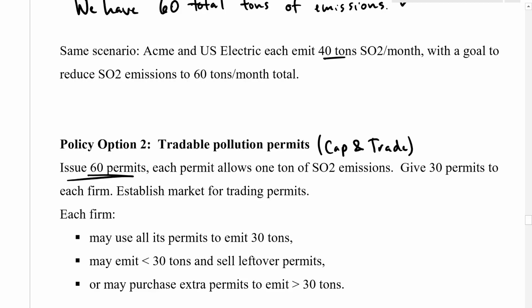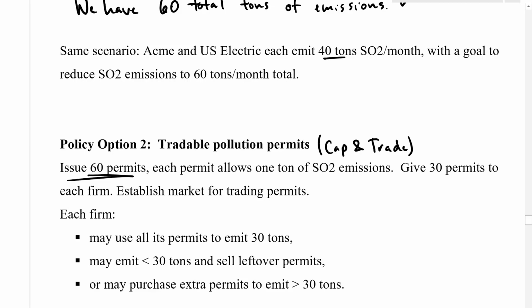If you have a permit, it allows you to emit 1 ton of pollution. And so essentially the government creates 60 permits and gives 30 to each firm. Now they're only allowed in total to emit 60 tons of pollution.